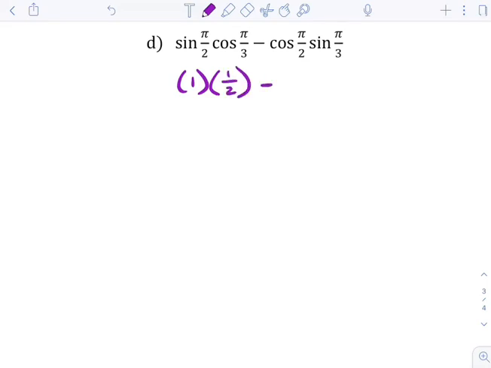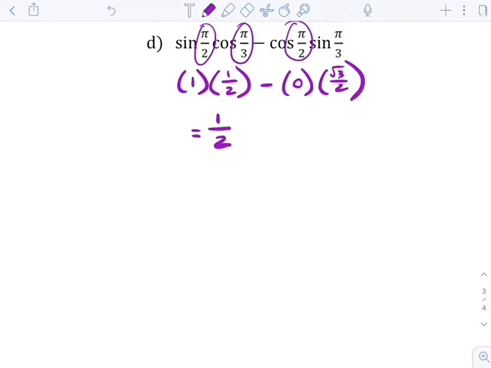That's going to be subtracted from cos pi over 2, which is 0, and sine pi over 3 is root 3 over 2. If I was to solve this, it would just be left with half, because 0 times root 3 over 2 is 0. So I can plug those ones in because these are values that I know.